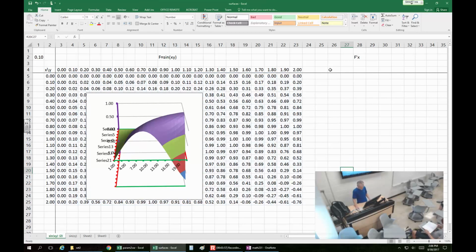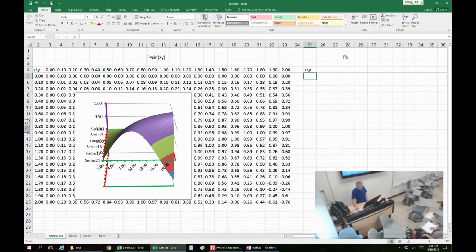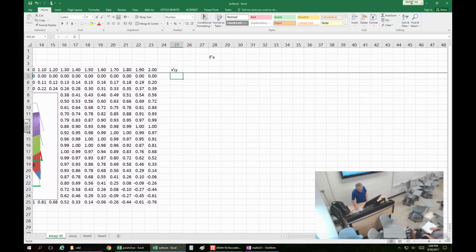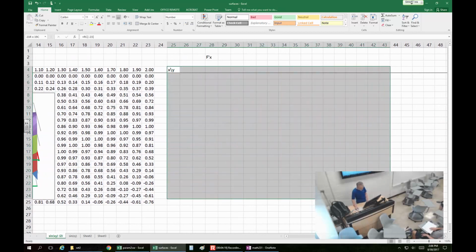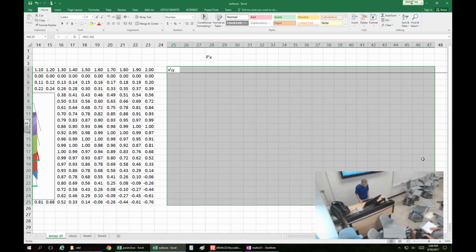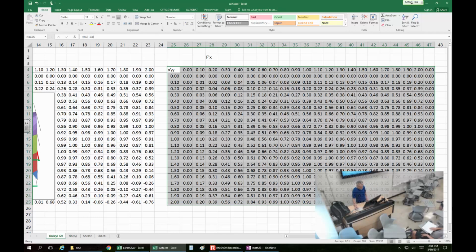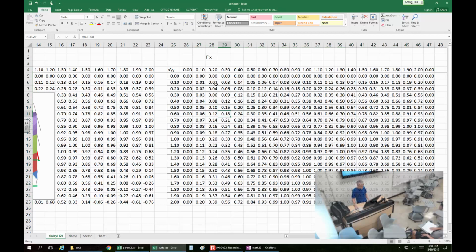Okay, so I'll just write here, let's say everything is equal to this one, and then I'll just spread it. So these are the same values for the time being.